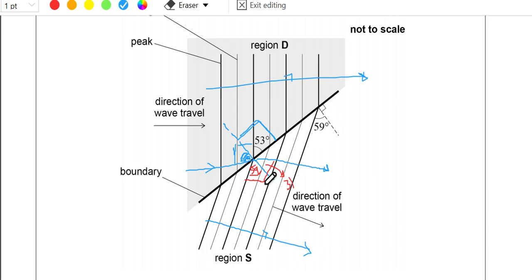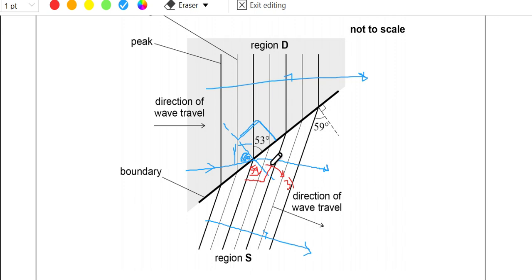So for this perpendicular, which is certainly parallel to this, and this wave front, which is also parallel to this, we have the shaded red angle as 59. And we have, as I said, 90 between refraction direction and wave front.